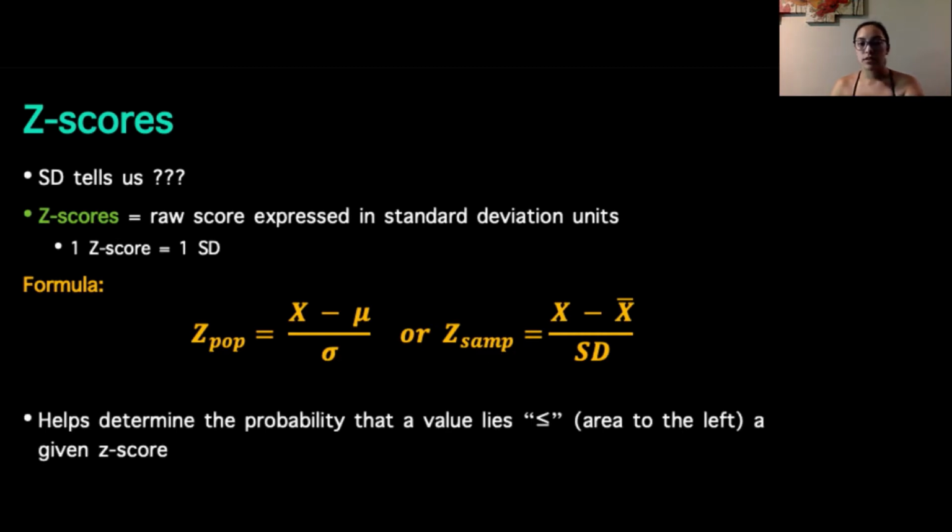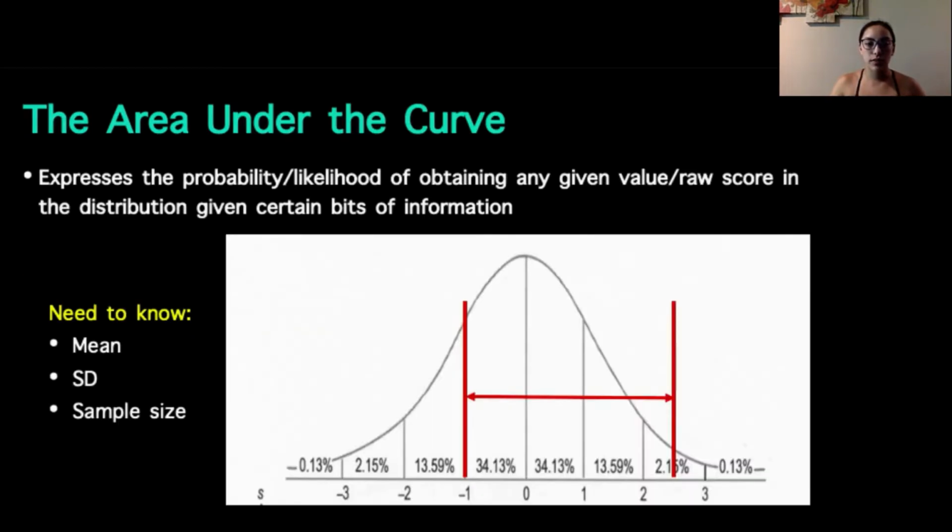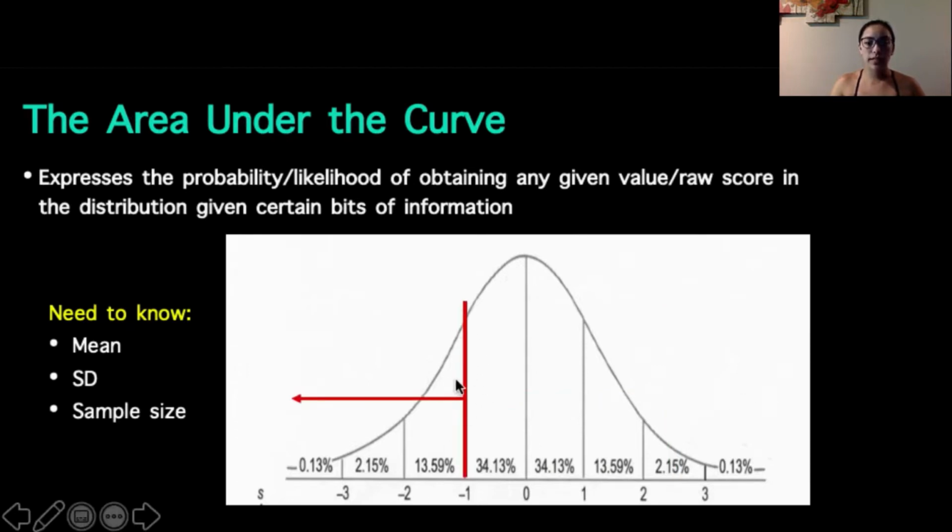This is going to help us determine the probability that a value lies, and I loosely use this, less than or equal to a certain raw score of interest. Okay? In other words, it's the area to the left of a given z-score. So if we go back to this slide, calculating a z-score gives us this picture, right?